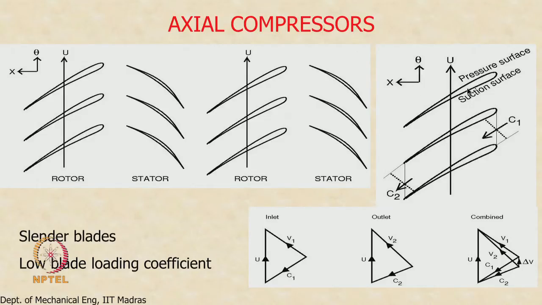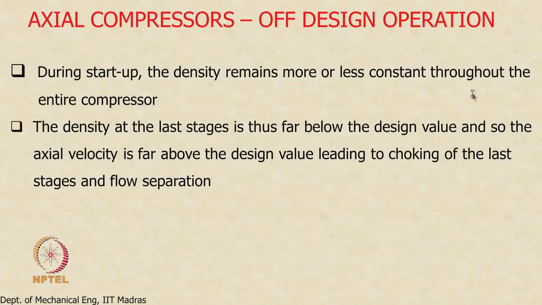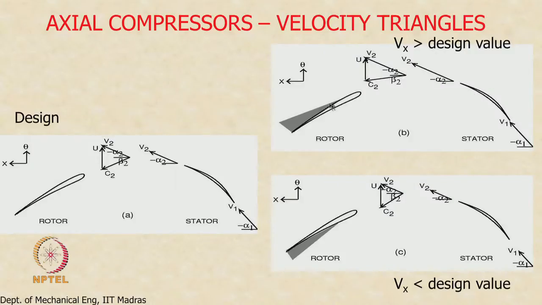So, the top side is the pressure surface, this is the suction surface. So, this causes separation of flow on the surface of the airfoil. Because of the incidence, because of the relative velocity vector being this way, it causes separation on this side of the airfoil. This is for a case when Vx is more than the design value.